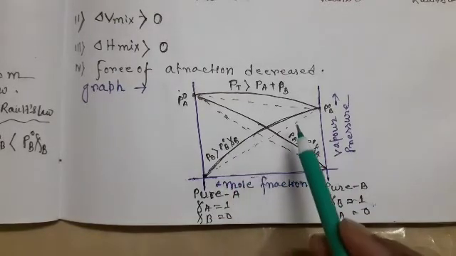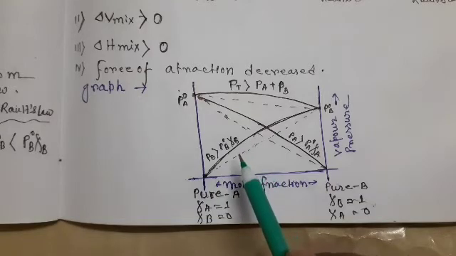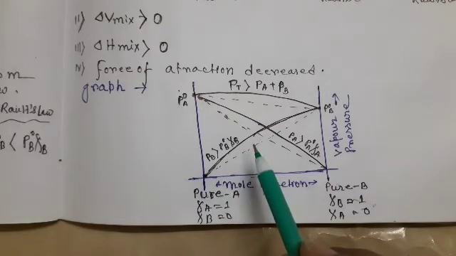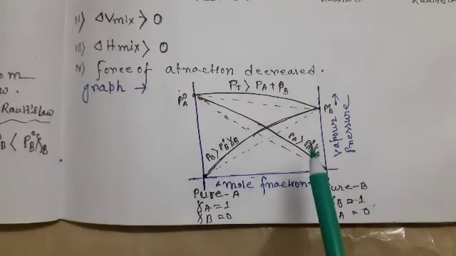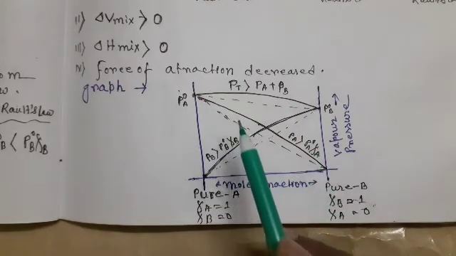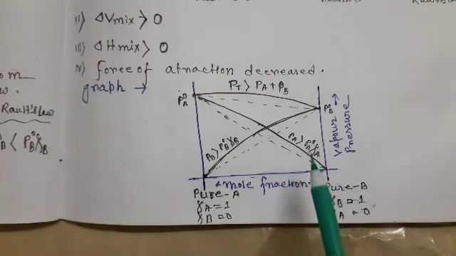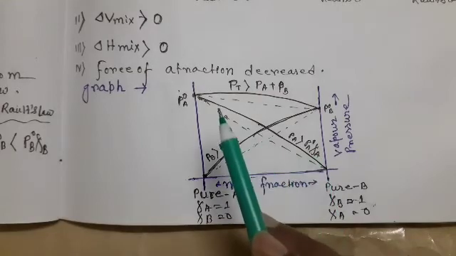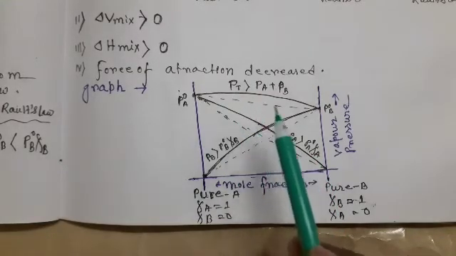The dotted line represents Raoult's law. With positive deviation, this line always rises above the dotted line. Similarly, PA is greater than P naught A χA. The dotted line represents PA equal to P naught A χA, but here PA is greater than that, that is why the line is also above this dotted line. Here PT is also above the dotted line.